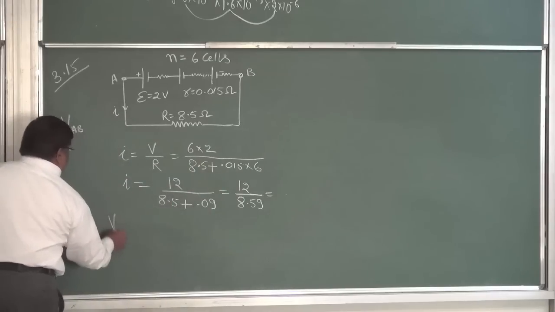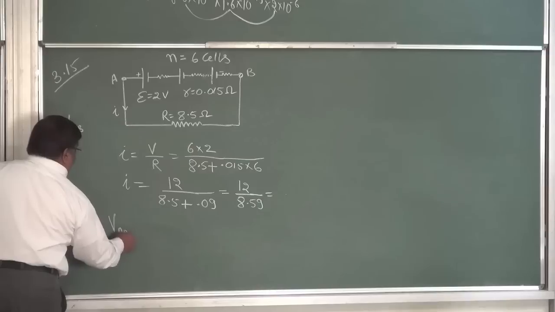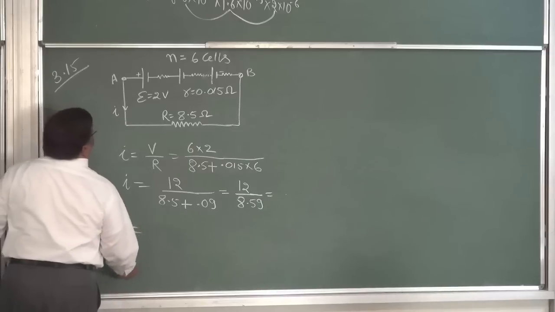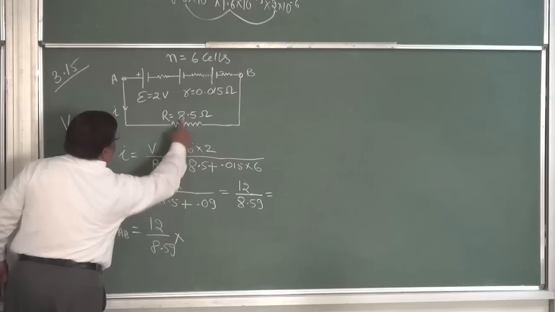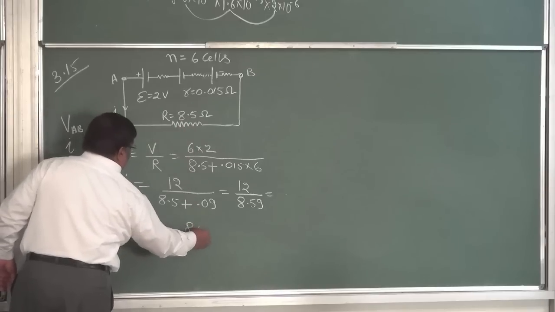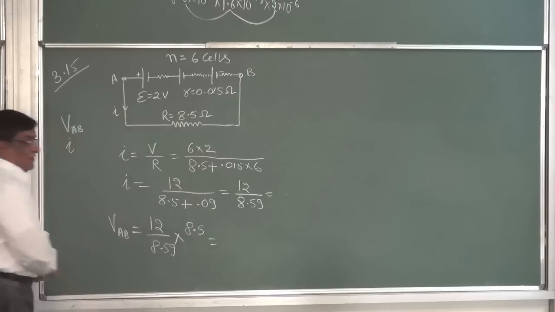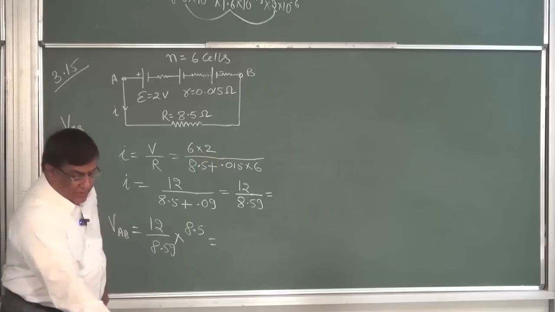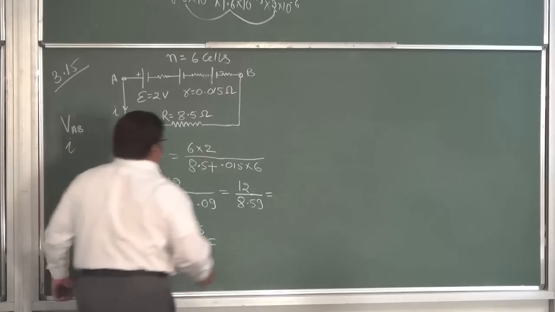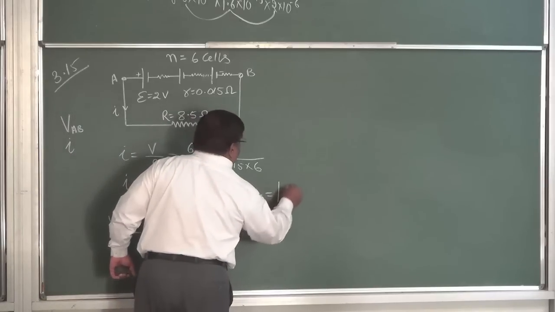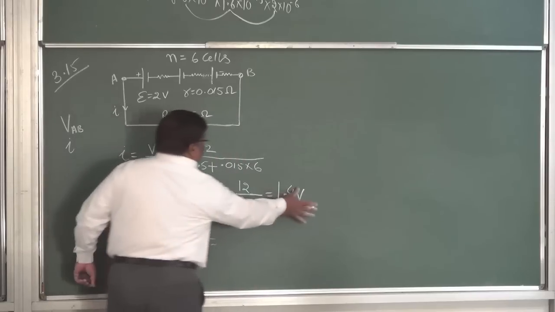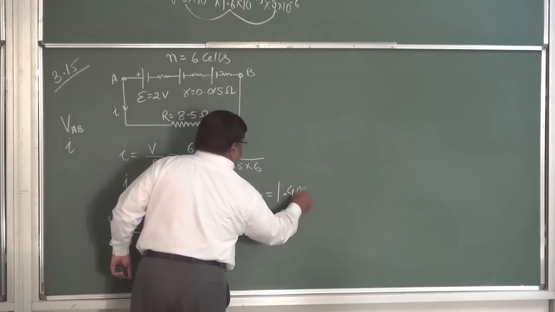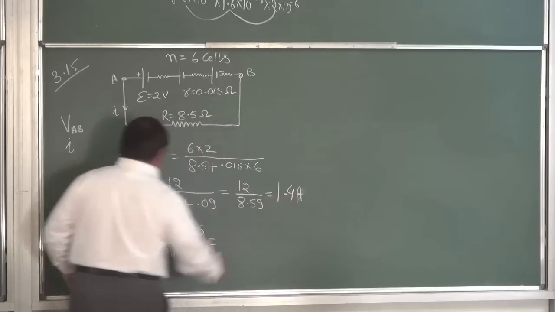So what is potential difference between A to B? This is equal to I into R. This is I. And how much is R? 8.5. This is our answer of potential difference. Please do the calculation and tell me. It is 1.4, sorry, ampere approximated. 1.4 ampere is the current.